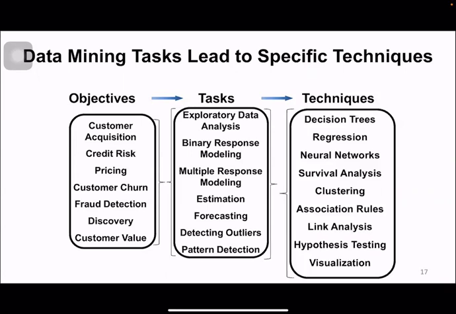Now, techniques also include decision trees, regression, neural networks, survival analysis, clustering, association rules, link analysis, hypothesis testing, and visualization. I understand this is an undergraduate level class of engineering analytics, but I want to present a big picture of those techniques so that you know they exist, and later you can pursue them, okay?